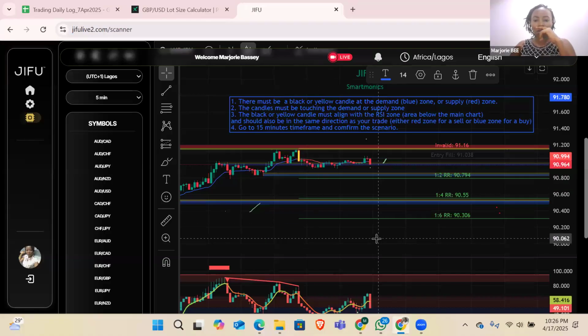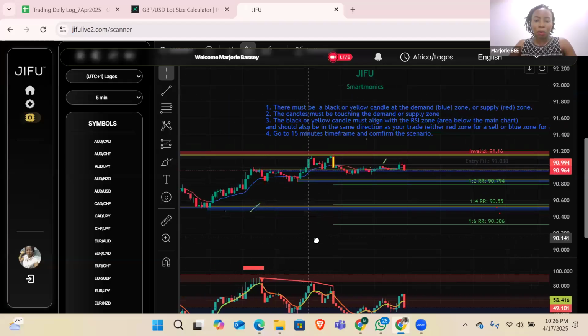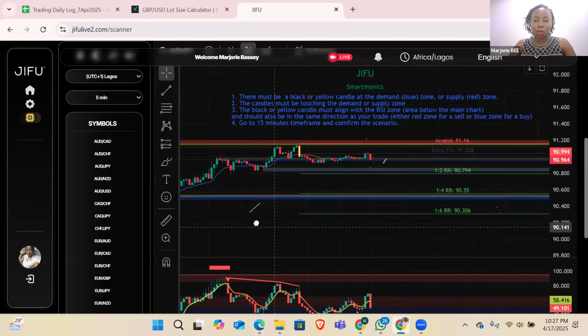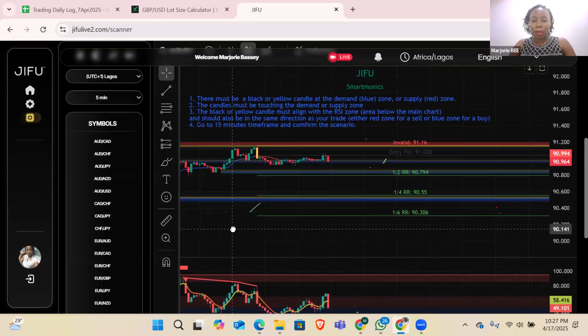Okay, before I answer some questions in the chat box, if I move now, this thing will wipe off. I want to show us something. Let me look for a trade idea.